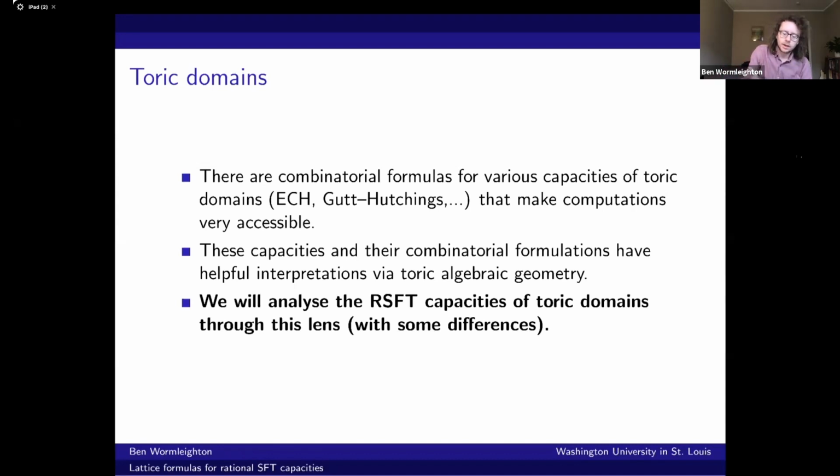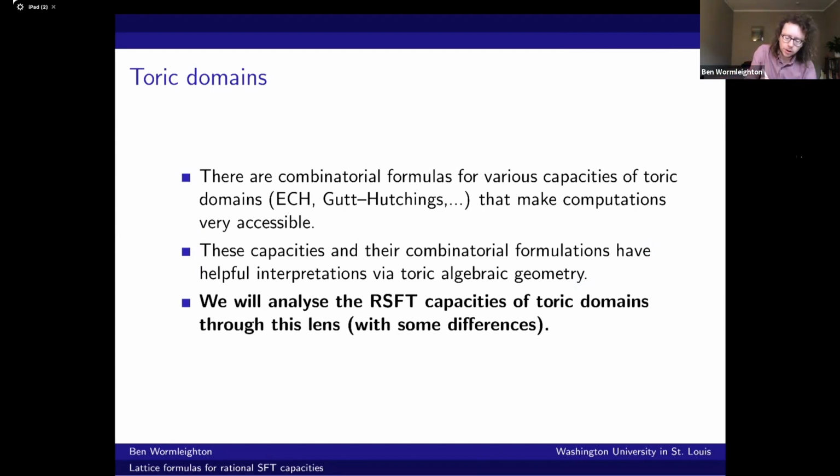And one of the places that my work and other work with Julian has come in is taking these combinatorial formulations, realizing them as things in toric algebraic geometry, and then using that to leverage and get some applications to control embeddings into these closed algebraic surfaces.